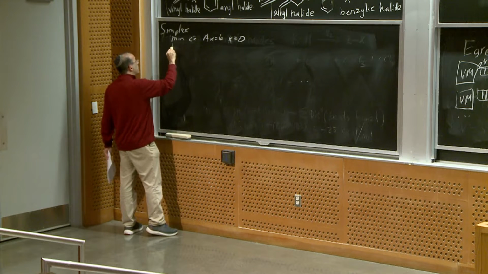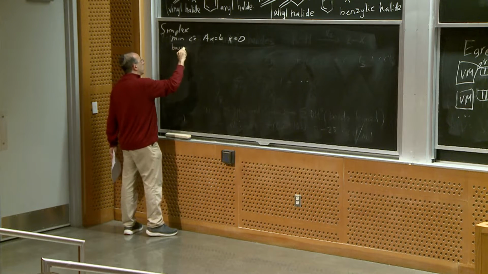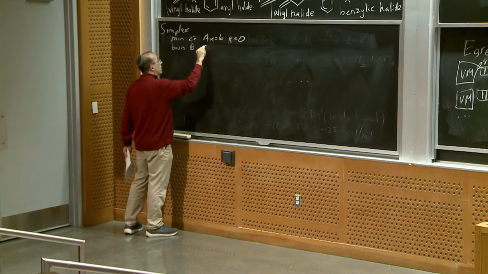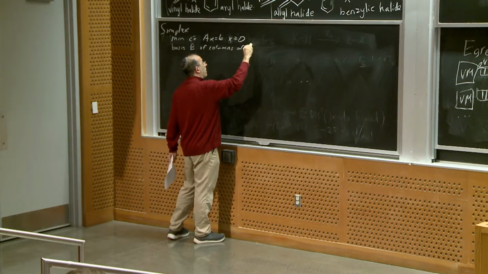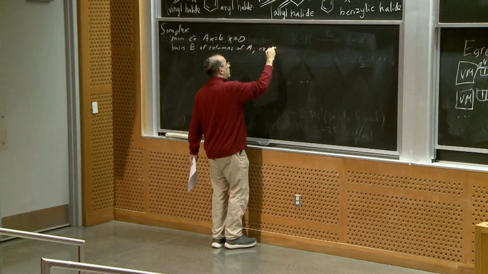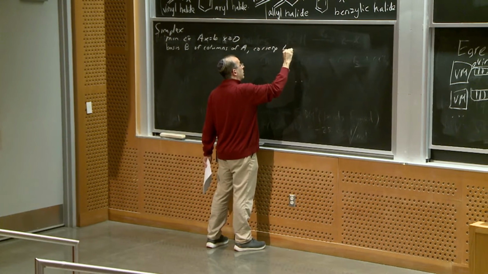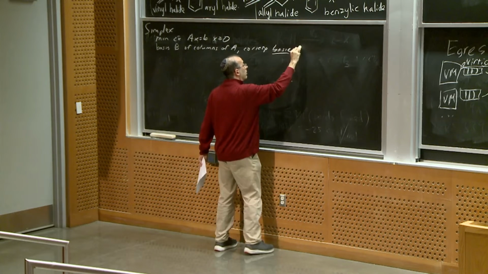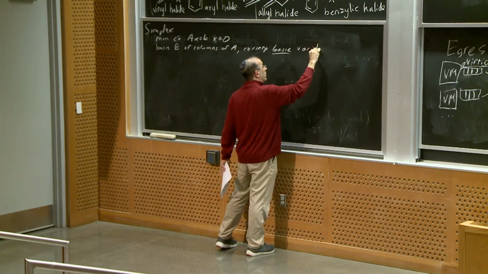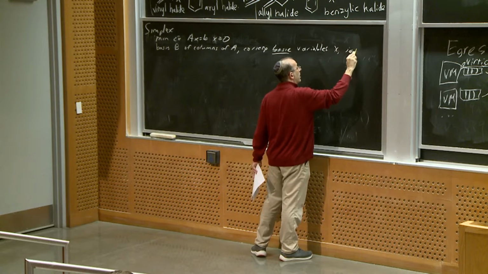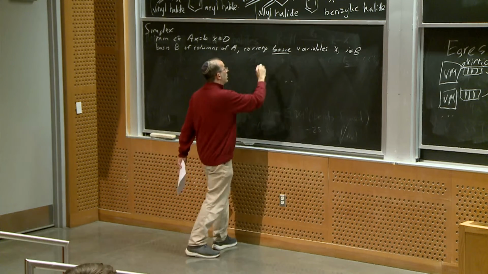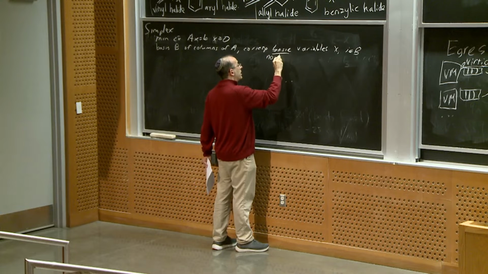We then talk about a basis B of columns of A and corresponding basic variables, xi for i in the basis, and the other non-basic variables.